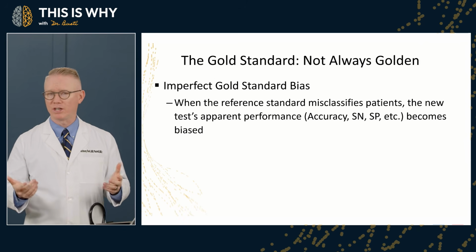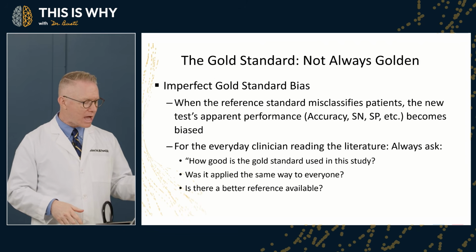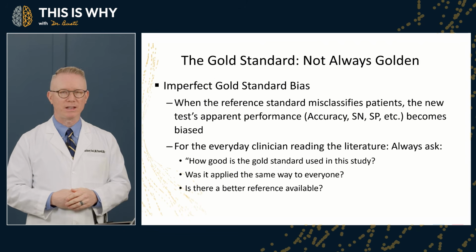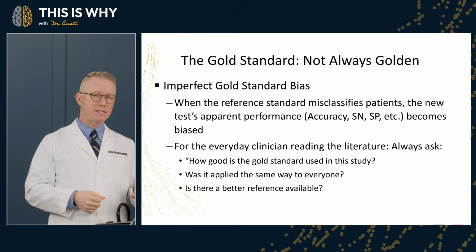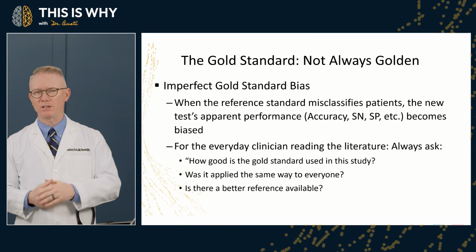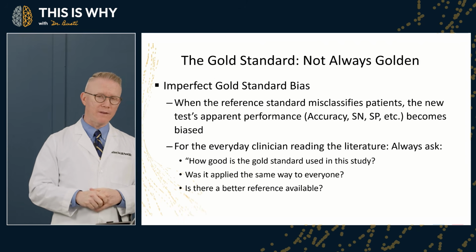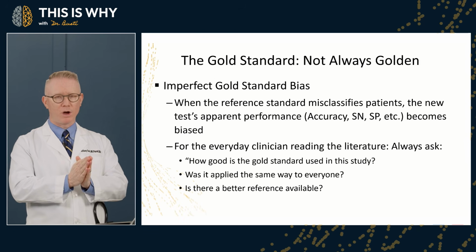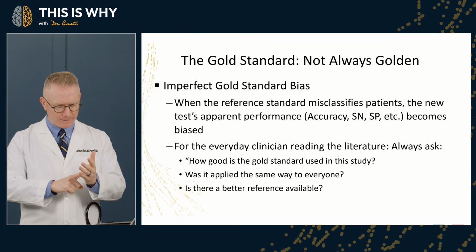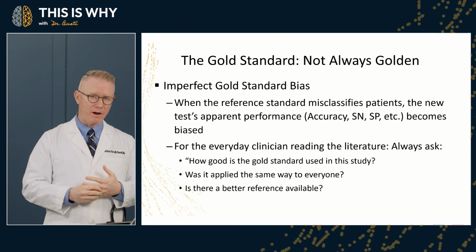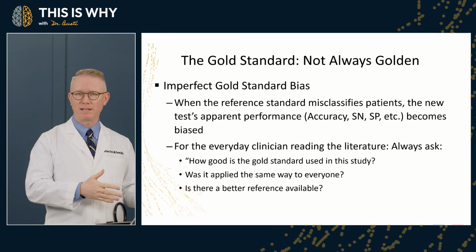So for everyday clinicians reading the literature, we're going to ask ourselves, how good is the gold standard even in this study? Was it applied the same way to every patient in the study? And is there any better reference available? So you always want to know, and you go back to the question of a PERT to PIRO structure in your evaluation, trying to acquire information, acquire the best study. You're looking for papers that did that.